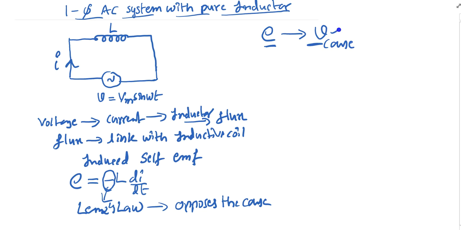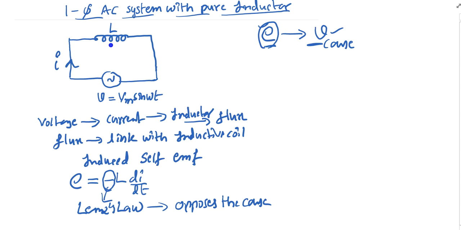Due to this voltage, this EMF is induced, so this induced EMF tries to oppose my applied voltage, that is, it opposes the cause. What is the cause here? It is nothing but the applied voltage, which is responsible for producing the induced EMF. That is Lenz's law here.